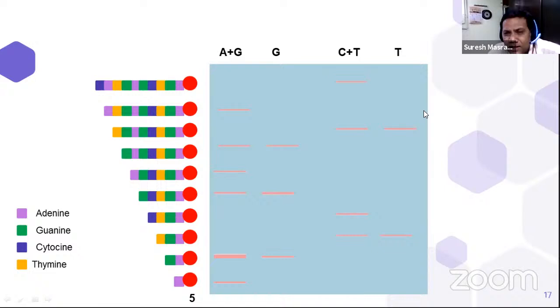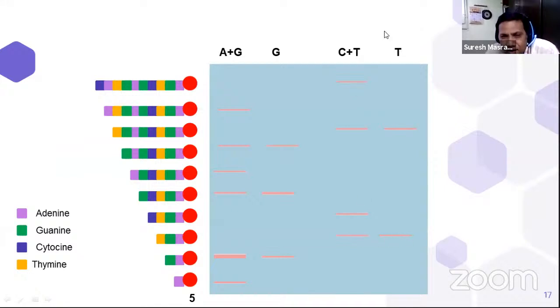Here, instead of A, we must read it as a C, or cytosine. This is C. Thus here, bands are present here and here.